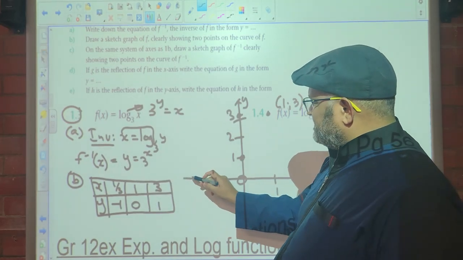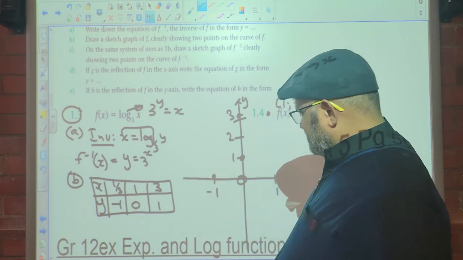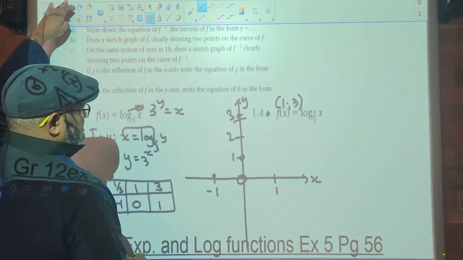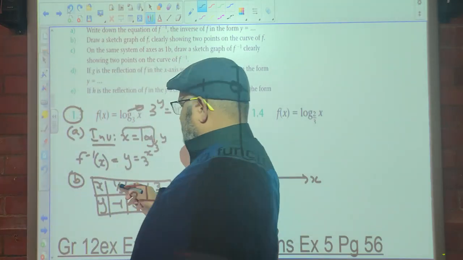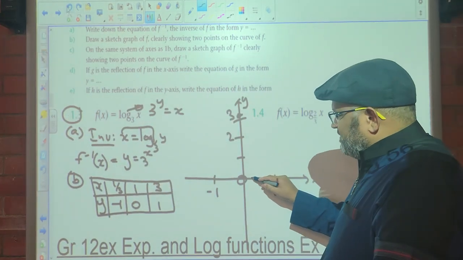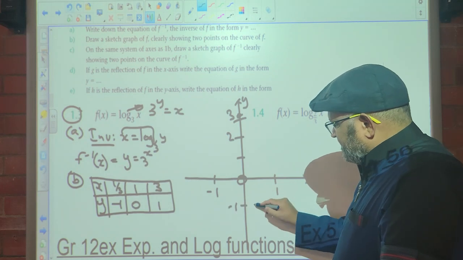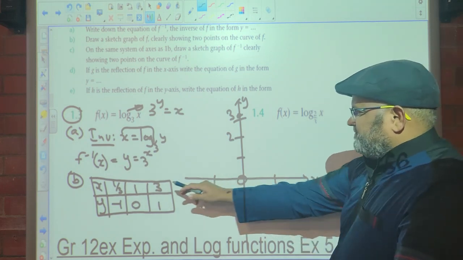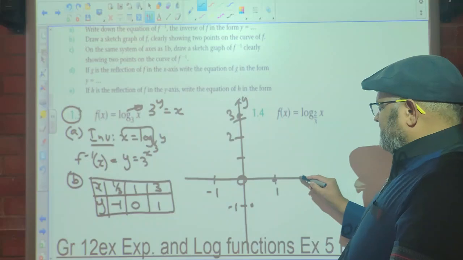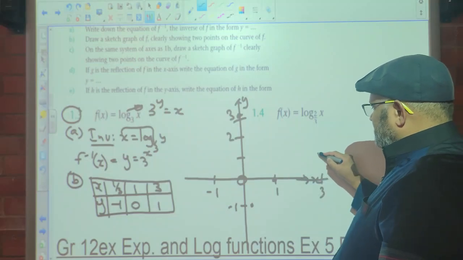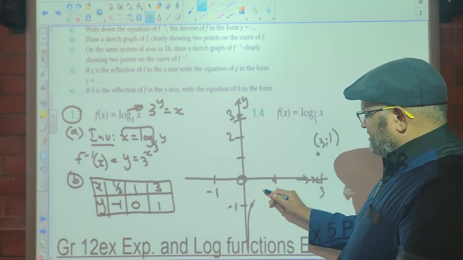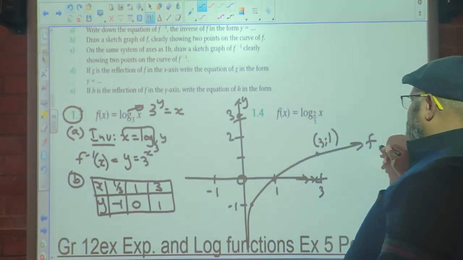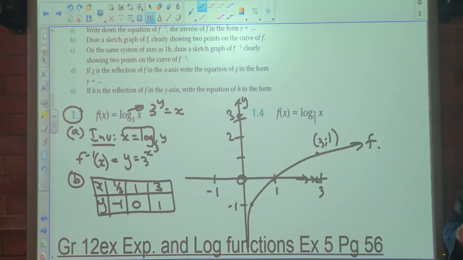Sorry, I'm actually going the other way. I'm doing the inverse function. If x is a third, y is -1. If x is 1, y is 0. And if x is 3, y is 1. So there's your log graph, which is your function.